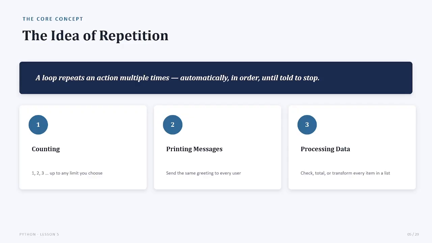Another example is counting. Like imagine counting manually. One, two, three, four, five. Instead of manually writing every number, Python can generate that sequence for us. This becomes incredibly useful when dealing with large amounts of data. Imagine an online shopping website with 10,000 products.